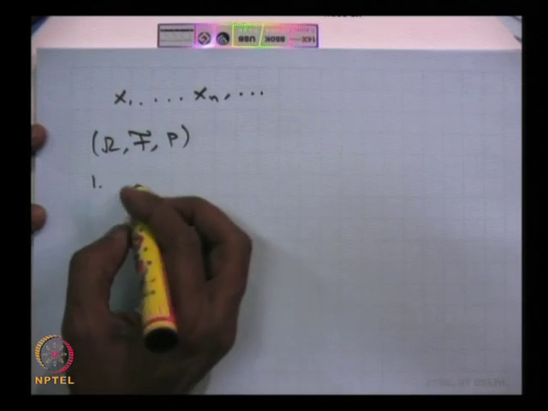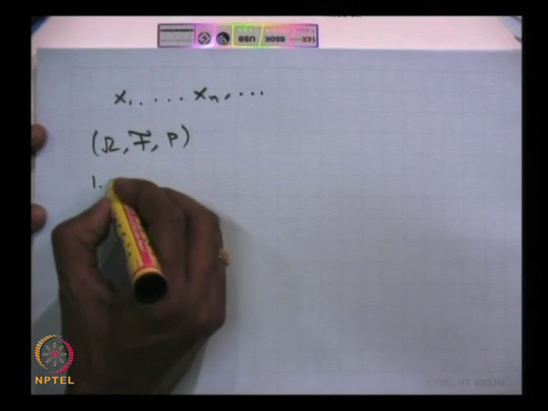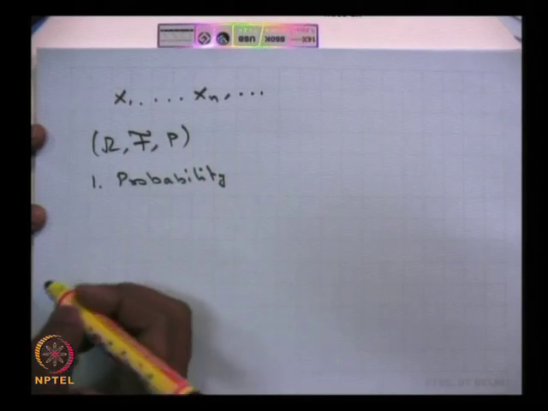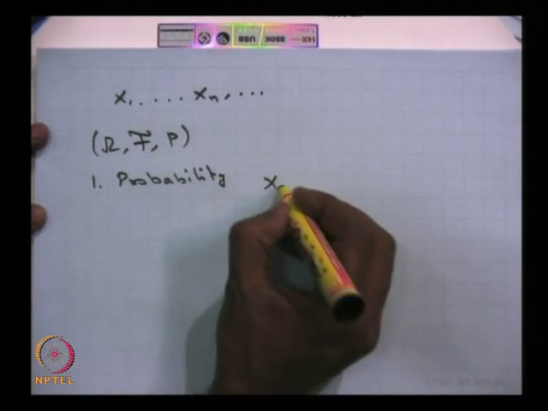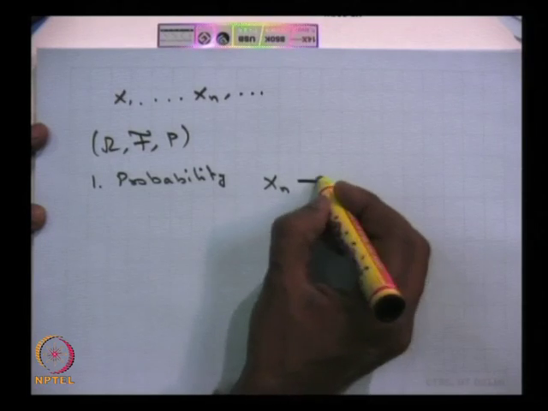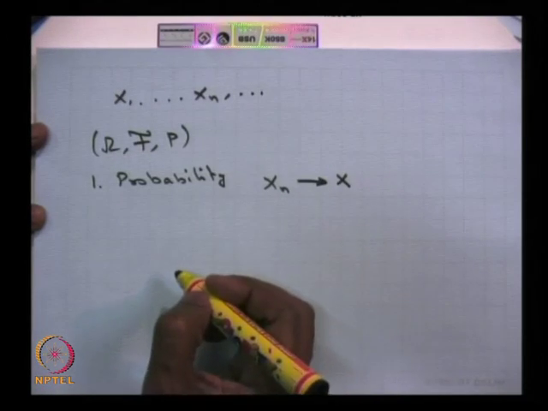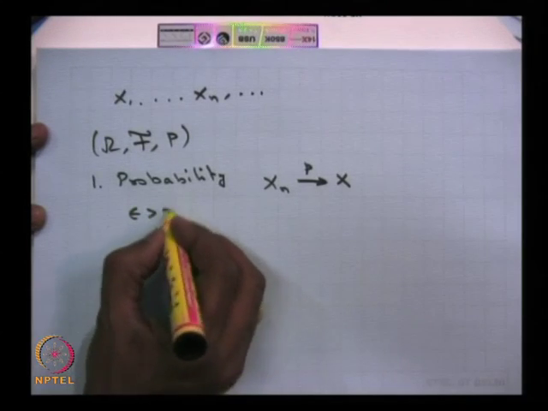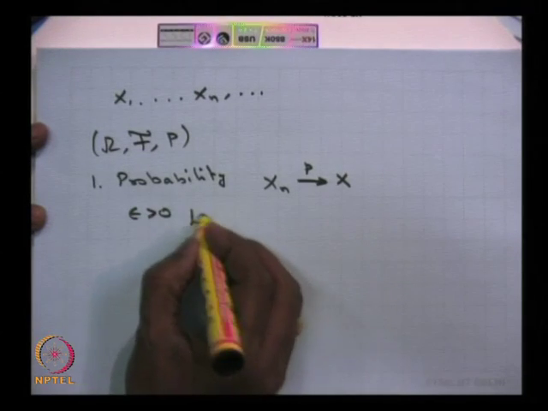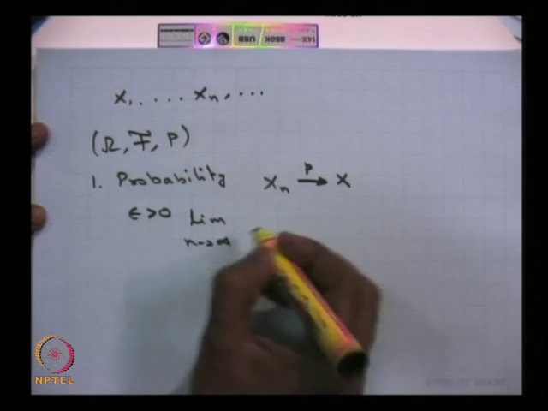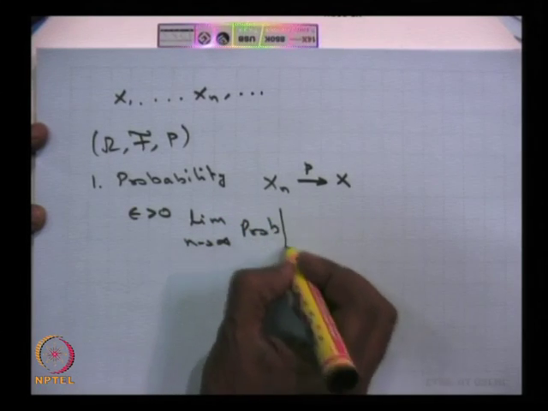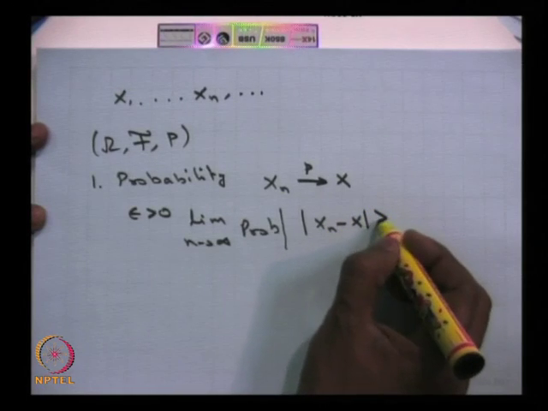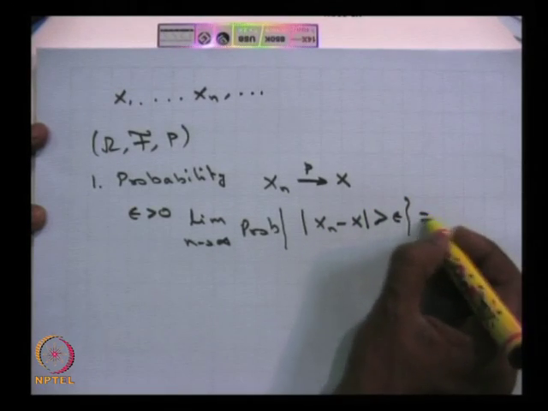The first one is called convergence in probability. That means a sequence of random variables X n converges to the random variable X in probability if, for any epsilon greater than 0, the limit as n tends to infinity of the probability of absolute value of X n minus X greater than epsilon is 0.